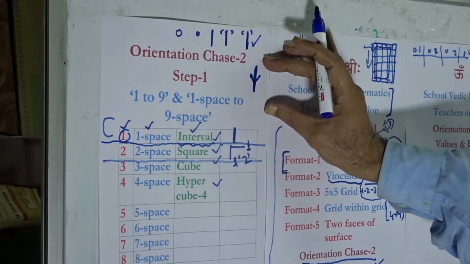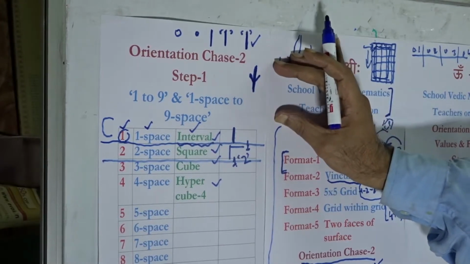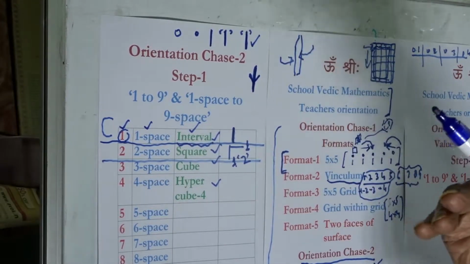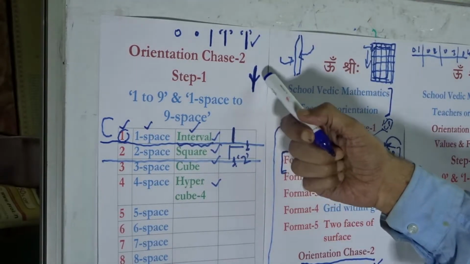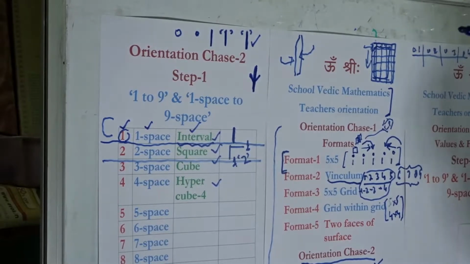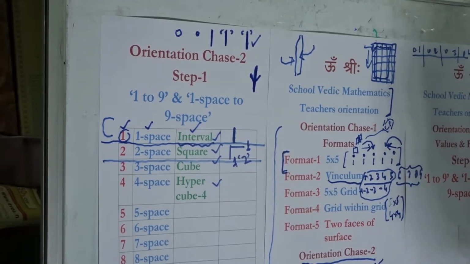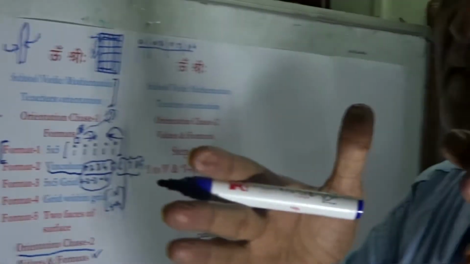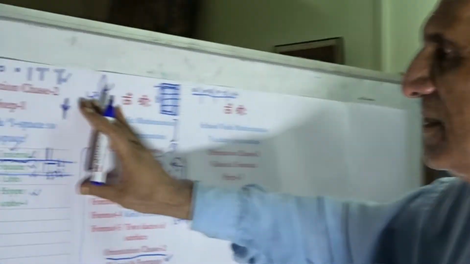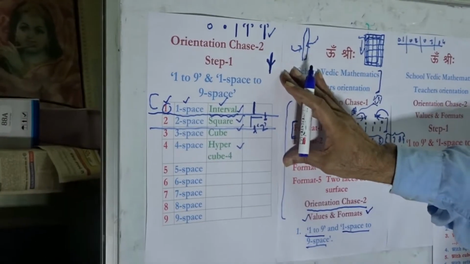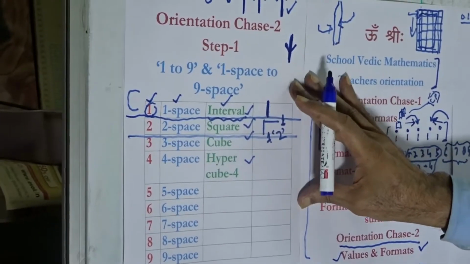Here we can slowly, gently impress upon the child that we are giving it a name as an interval. We are giving it a name that it is a one space. It is a space, we can say, which moves in only one direction. Like that, we can sequentially try to impress upon the child.